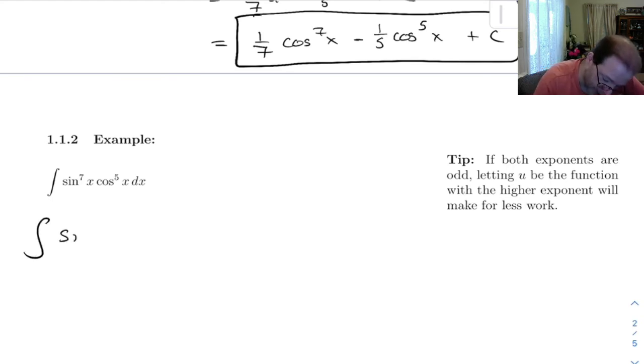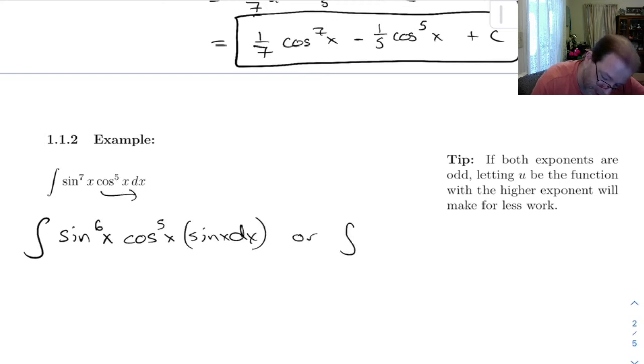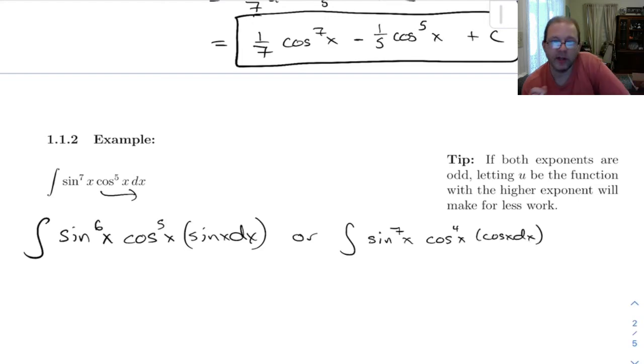We could either do sine to the 6th x cosine to the 5th x sine x dx, or we could separate one of the cosines off and get sine to the 7th x, cosine to the 4th x, cosine x dx. We could do either one of these and both of them would work no problem.